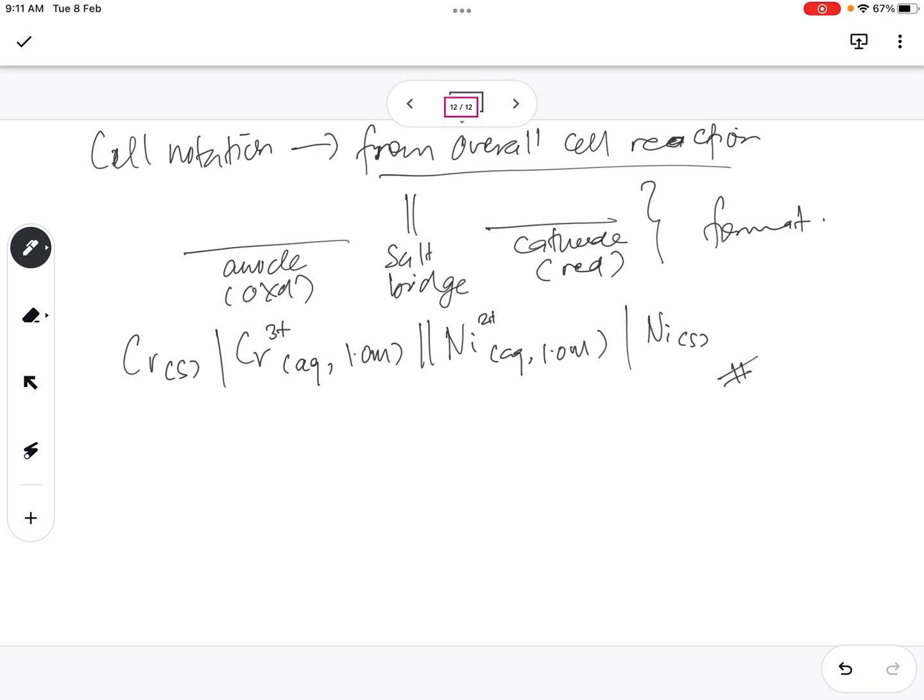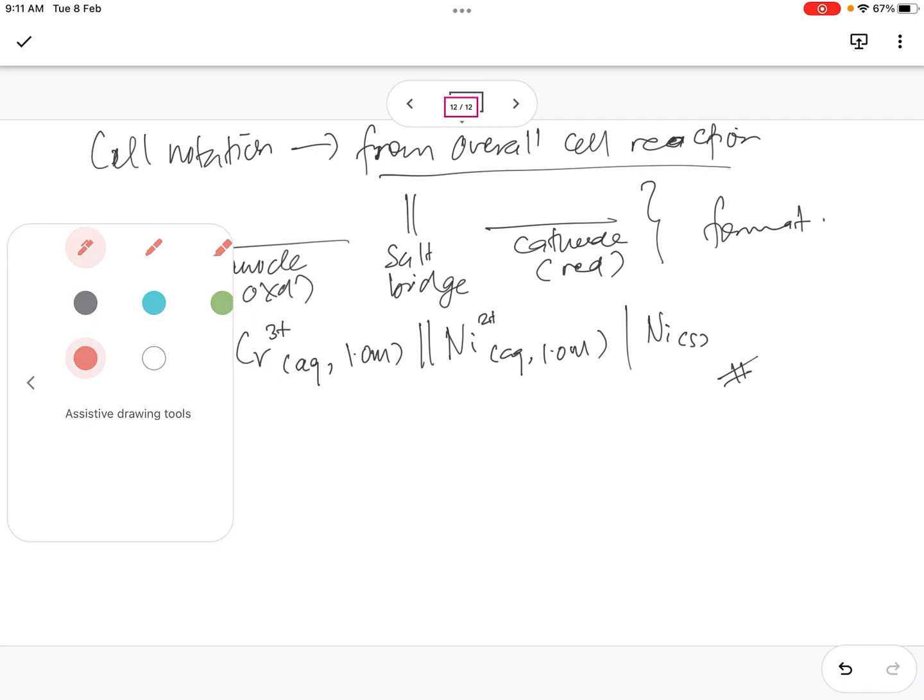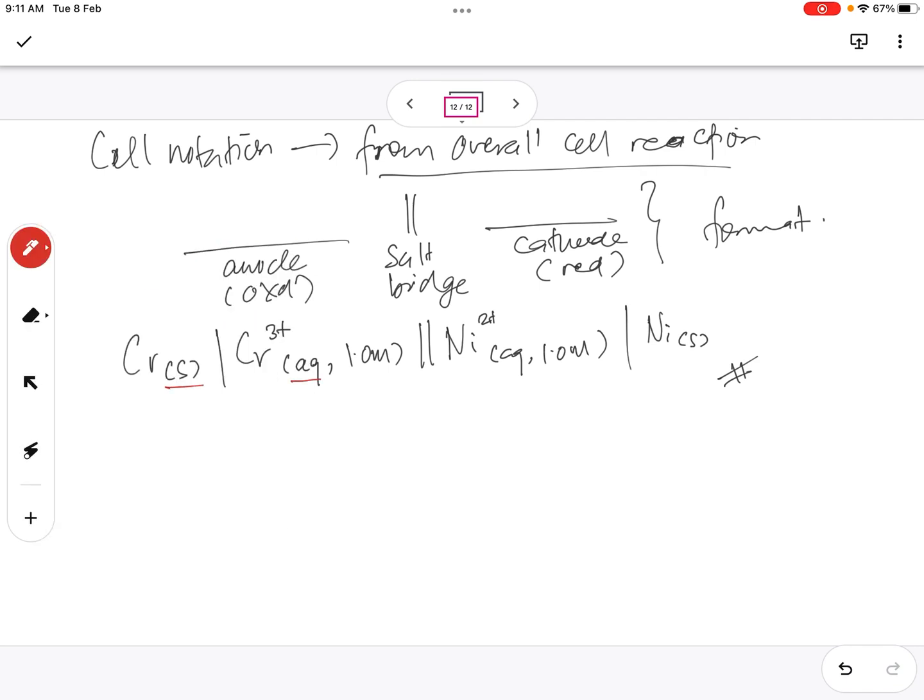Now, in terms of marking, how they will mark your cell notation, a lot of technical things here. Phase compulsory, boundary compulsory, salt bridge compulsory. On top of it, it can be wrong if you don't have this 1 molar.